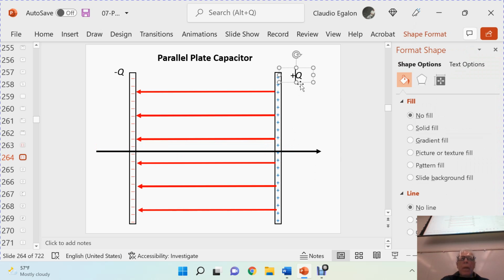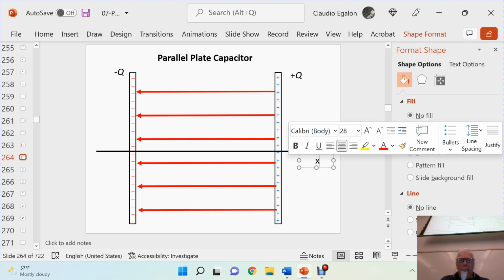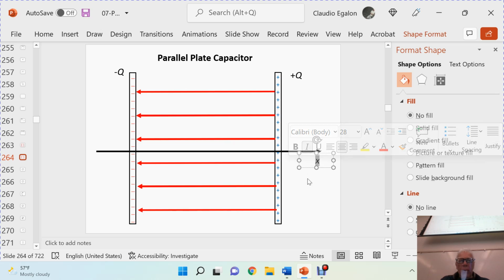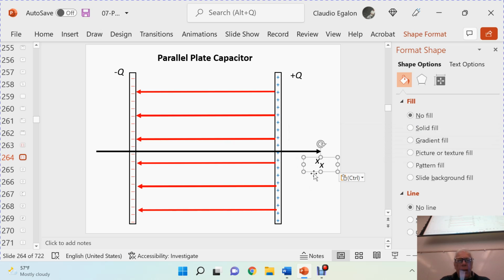So I'm going to put a label here, X. And like we did there in the experiment, we set the origin of the axis right in here at the inner surface of the electrode, right?